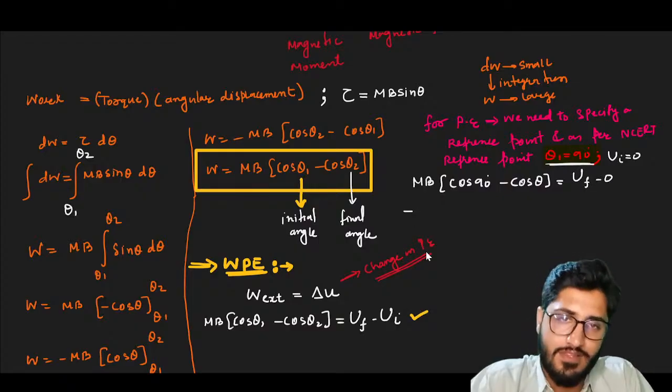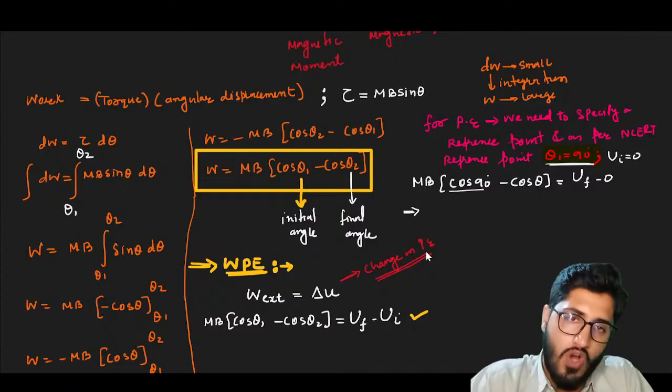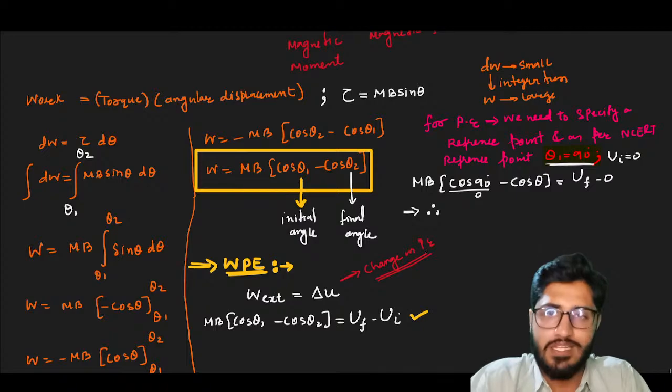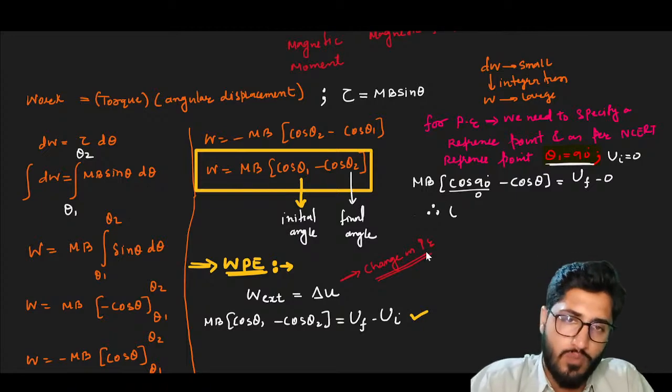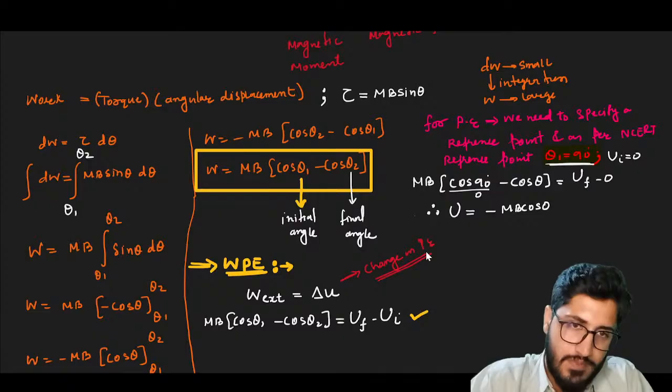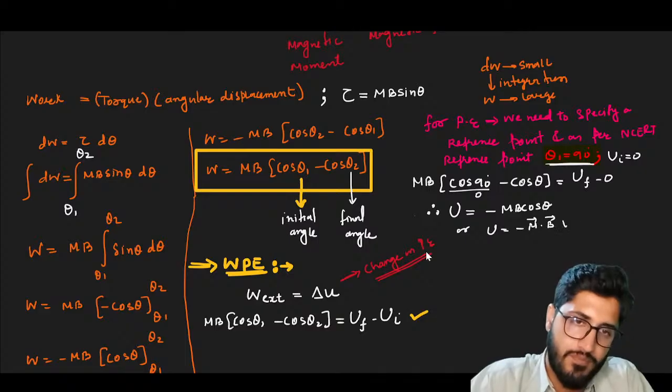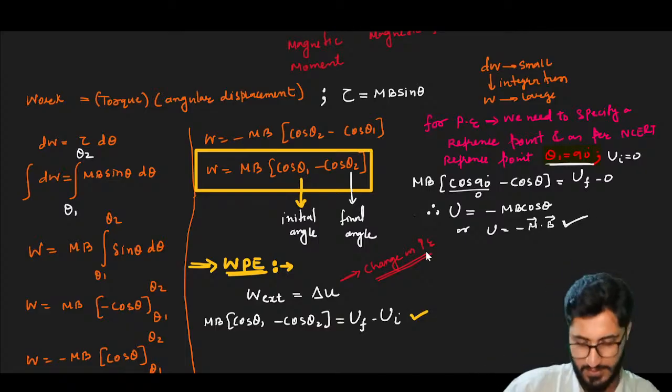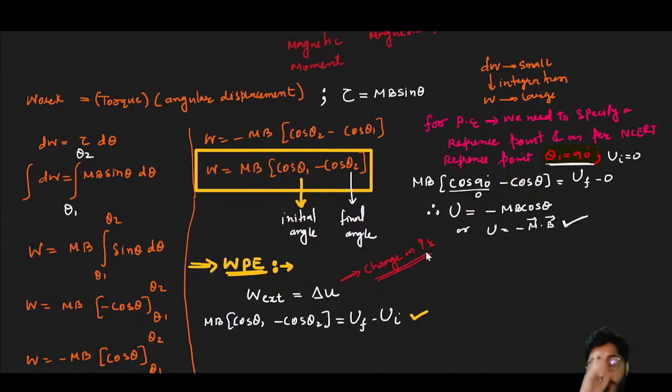Yes, sir. And cos 90 is also 0. Therefore, I can write U, potential energy, equals minus MB cos theta, or U equals minus m dot b.